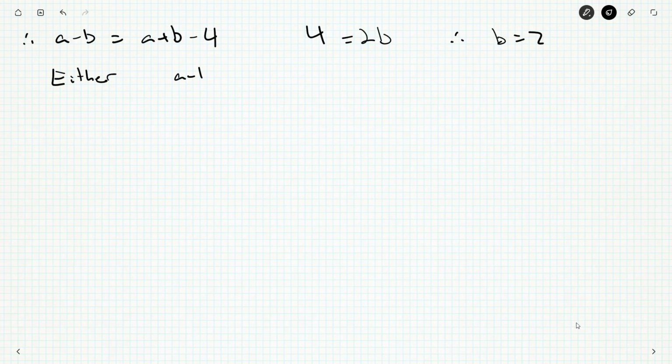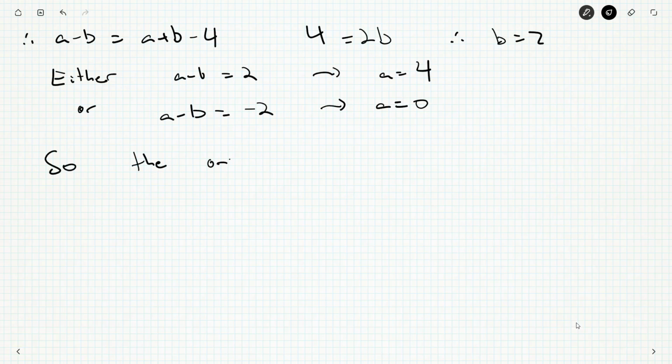So either a minus b equals 2, in which case a is equal to 4, or a minus b is negative 2, in which case a is equal to 0, and that works as well. So the only, I was about to say the only positive integer solutions, but this one has a not a positive integer.